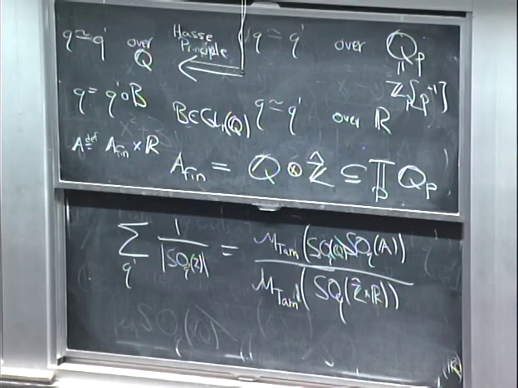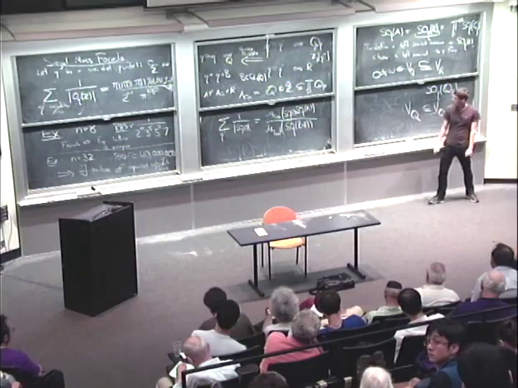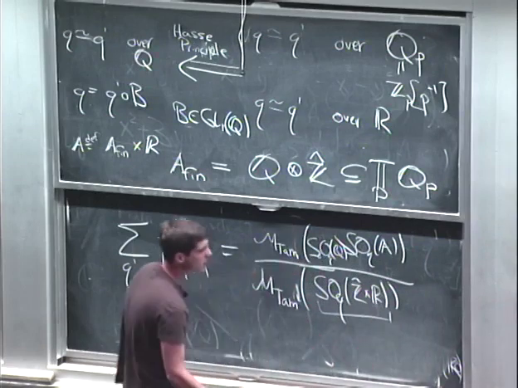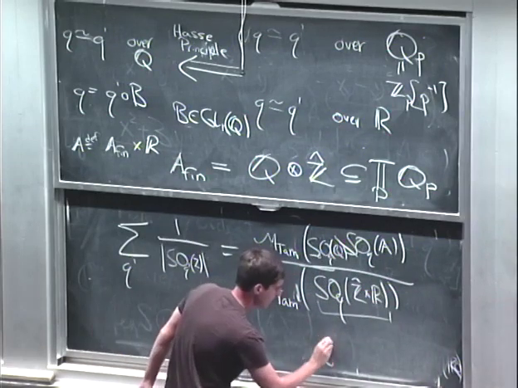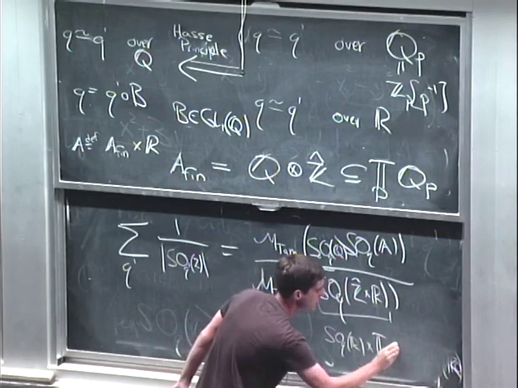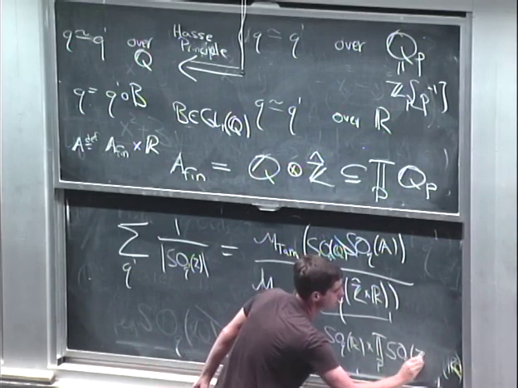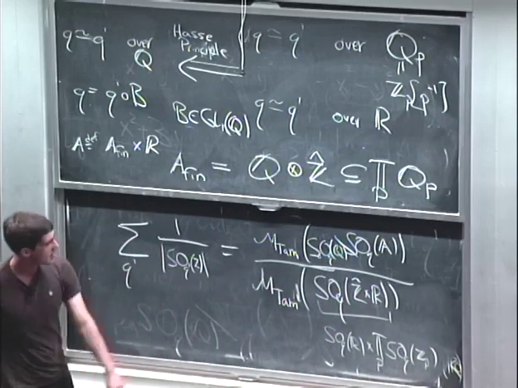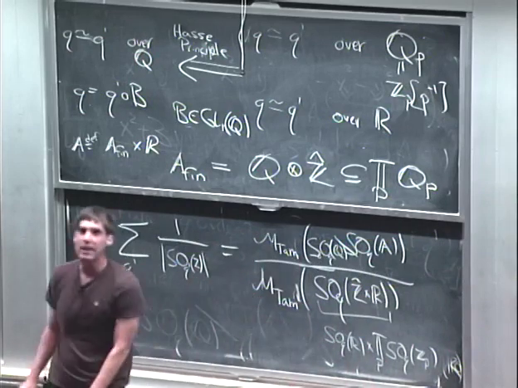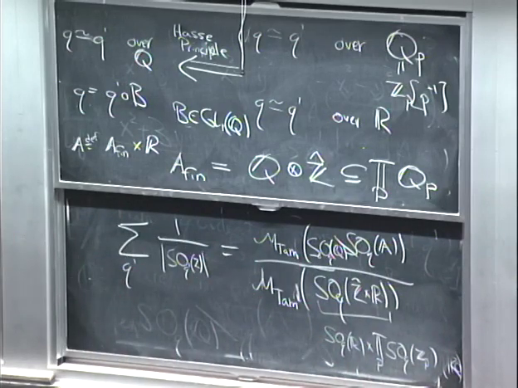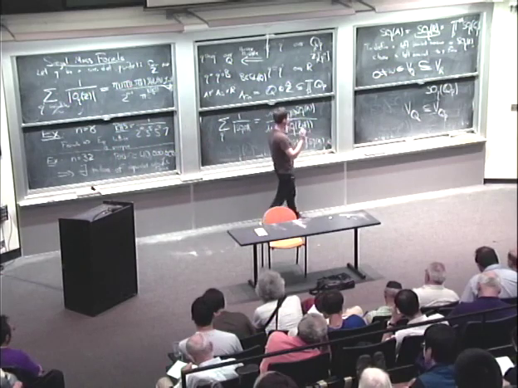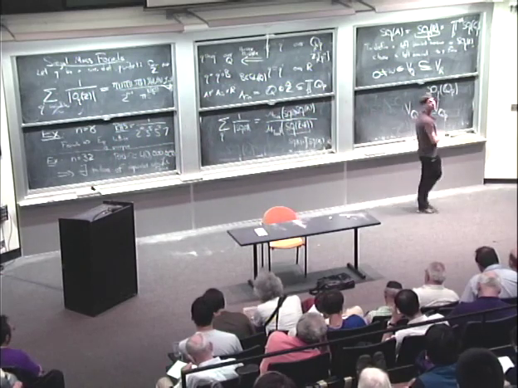Just choose this differential form omega, and now, well, this group here is not a restricted product, it's just actually a product of SO_Q of the real numbers times a product over all primes p of SO_Q of Z_p. So first you have to take omega, that gives you a measure on this compact Lie group, and you do an integral. And you might imagine that if you were to do that integral, it would be something that you could write in terms of pi's and gammas and so forth.